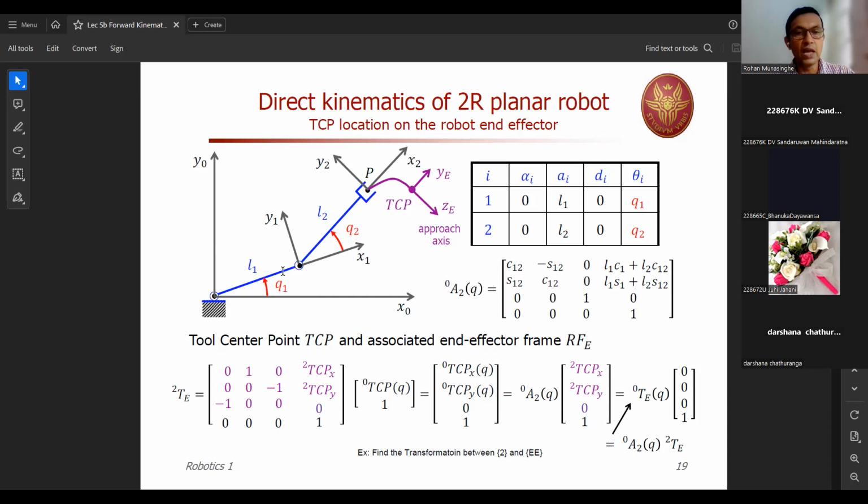Frame is located at the end of the link. And this is the second link. At the end of the second link, you have the second coordinate frame, that is x2, y2. All right. It is out of the board. So every link has its coordinate frame, which is attached at the end point.